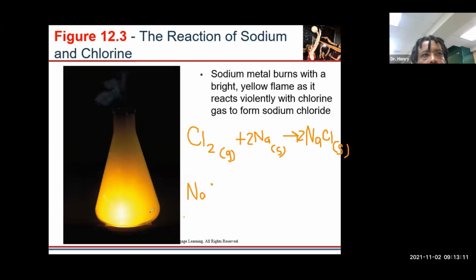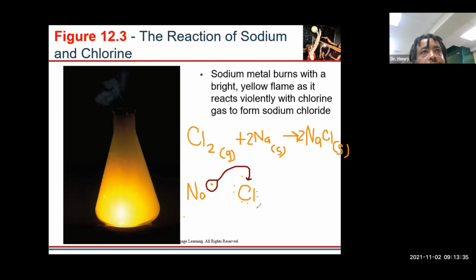So it takes its valence electron and kicks it out, and then chlorine picks it up. So this electron gets kicked out and given to chlorine.